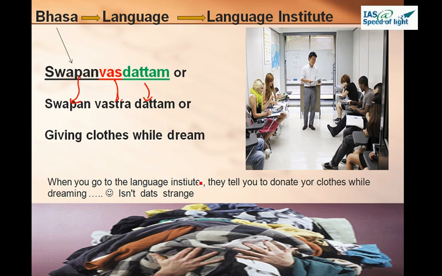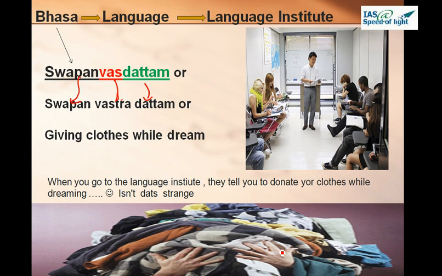Bhasha, language. Bhasha means language or language institute. And the book he wrote was Swapna Vasavadattam. Swapna means dream, Vastra means clothes, and Dattam means giving away. So you see a clear movie where you went to the language institute and asked if you could learn this language, but they told you a very strange thing.